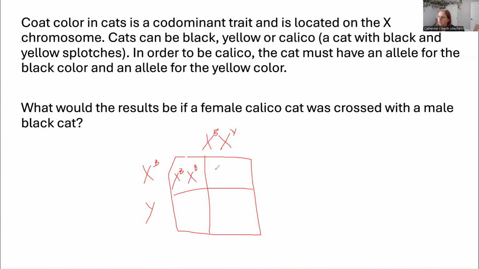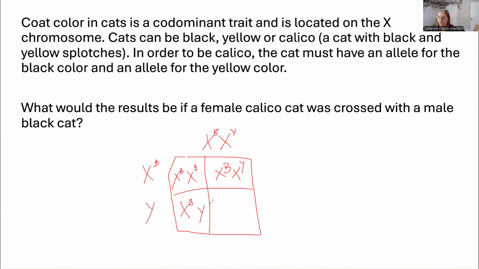This big B and this Y would come together and this will make a female calico kitten because it's expressing both the black and the yellow fur. This big B and this Y, that's going to be a male kitten with black fur, so it looks just like his dad. Now remember, Ys don't get the sex-linked chromosome allele.